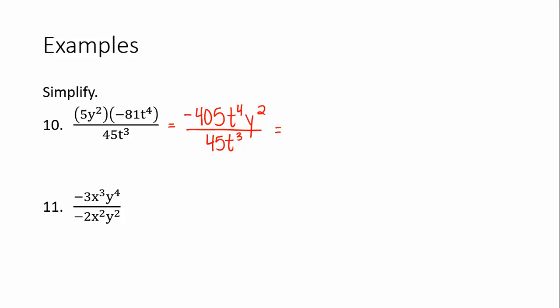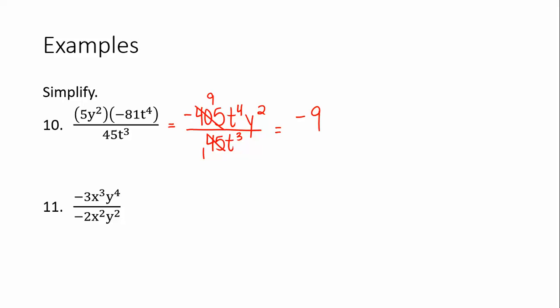Now we need to simplify. We can deal with the coefficients first, but we need to reduce if we can. The first thing I checked was to see if 45 goes into 405, and in fact it does. So 45 goes into 405 9 times, so that leaves you with a -9 on top and a 1 on the bottom.